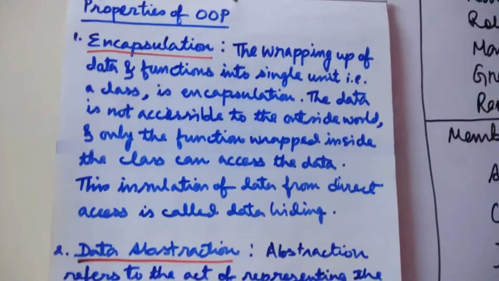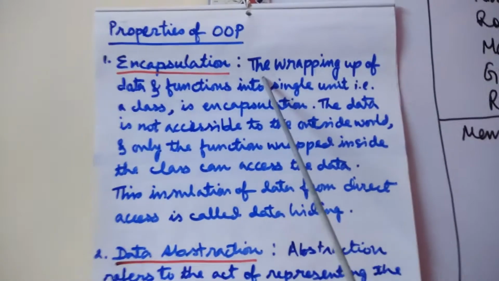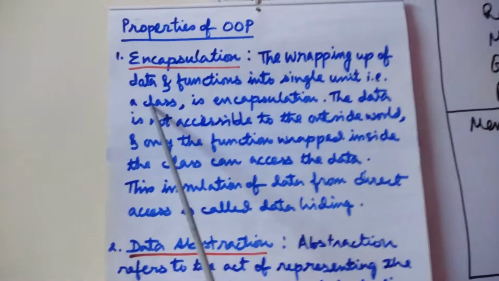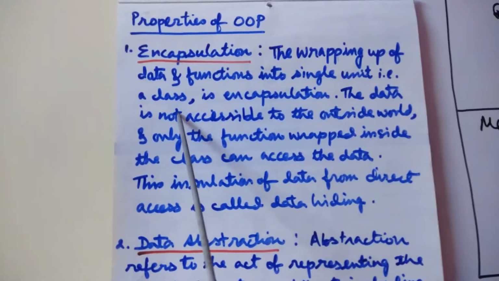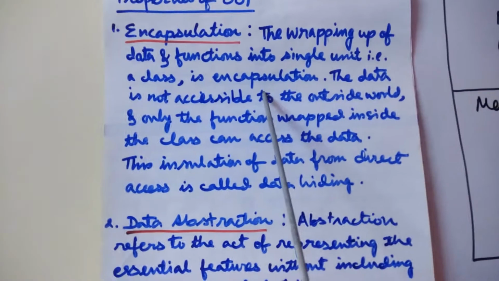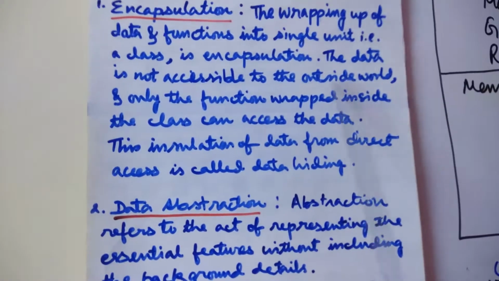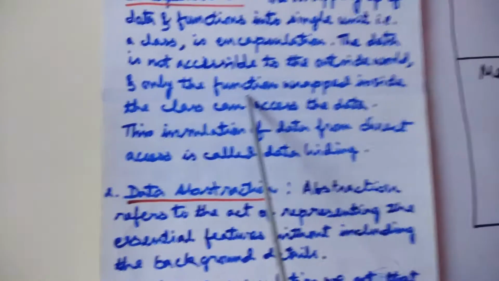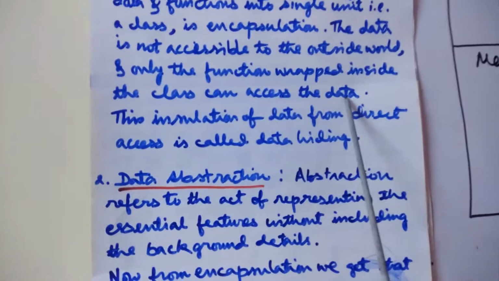As the notes given over here, encapsulation is the wrapping up of data and function into a single unit, that is class. The data is not accessible to the outside world and only the function wrapped inside the class can access the data.